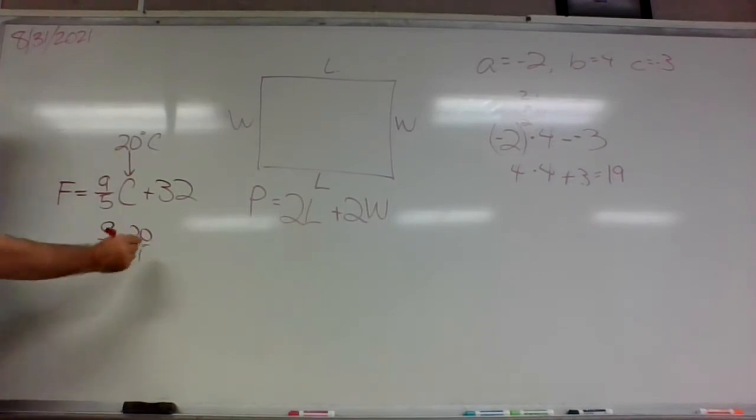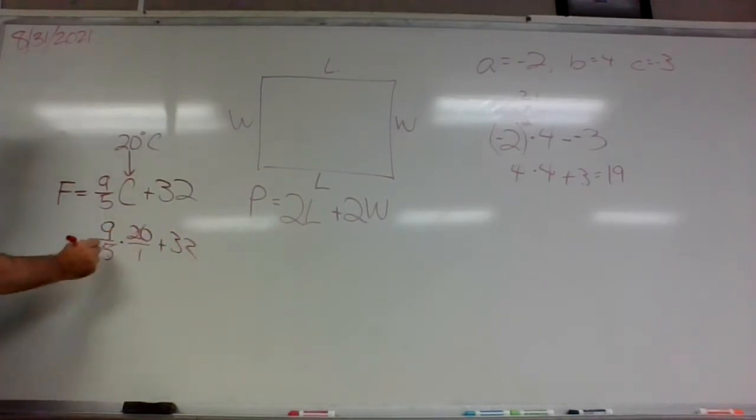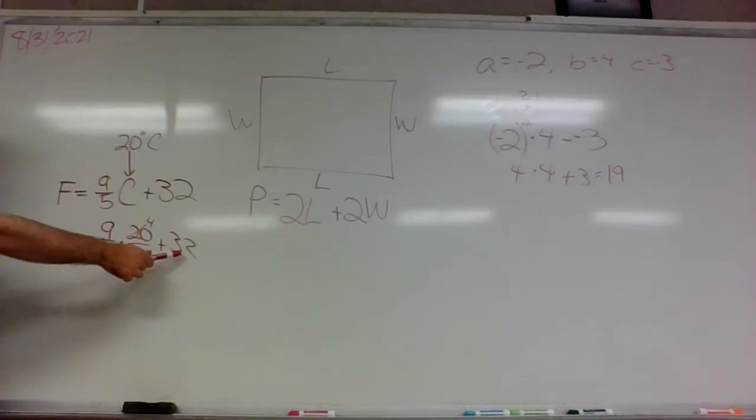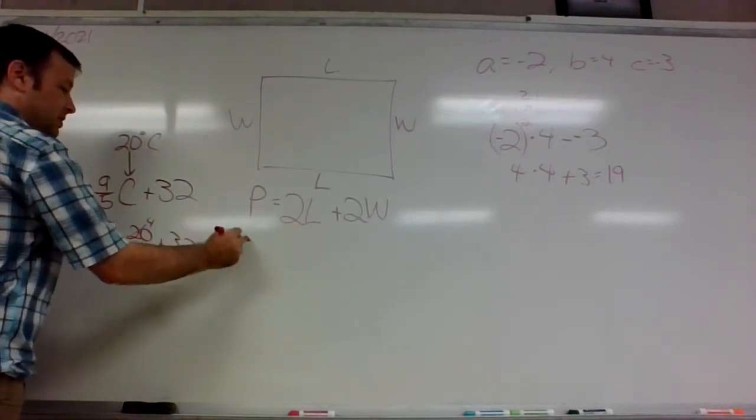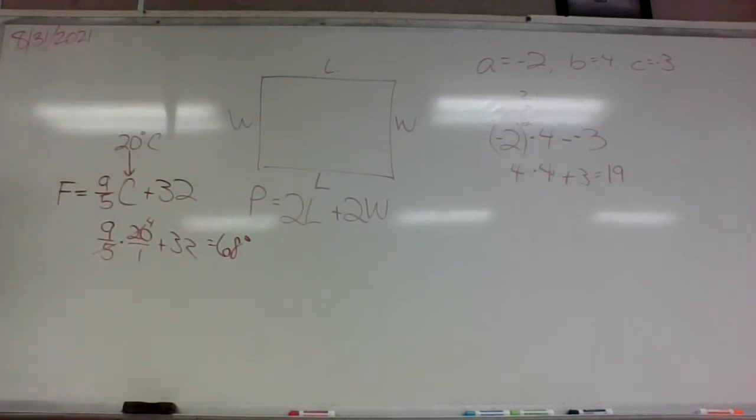You don't have to do this by hand, but since I don't have a calculator, it'll save you some time if I do. It would be 36 plus 32, 68.